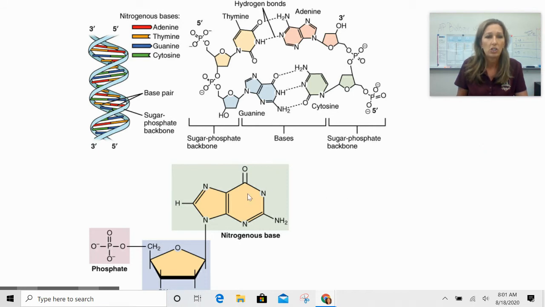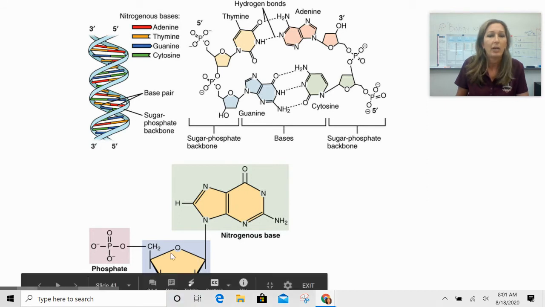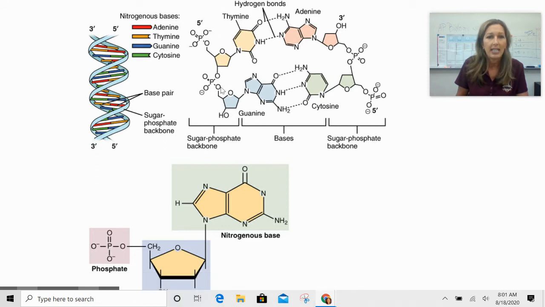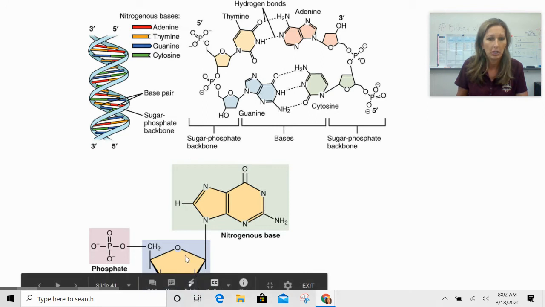When we talk about G, C, A, and T, and then sometimes U for RNA, that's the nitrogenous base piece. But we have to know that the side of DNA, this backbone of a DNA or an RNA molecule, is actually a pentose sugar. In this case, if we're talking about DNA, it's deoxyribose and a phosphate group.